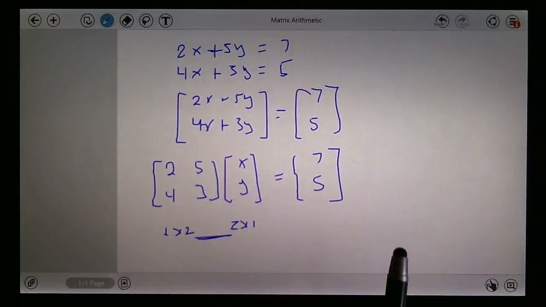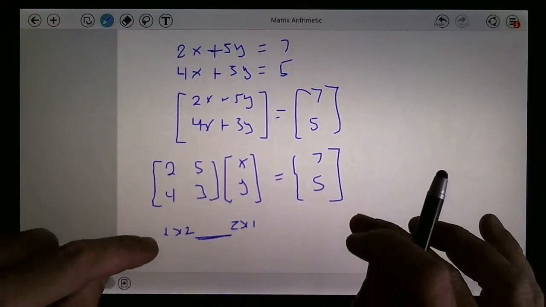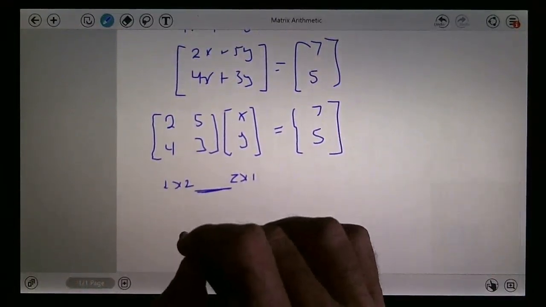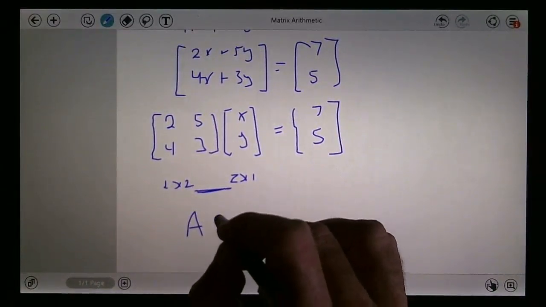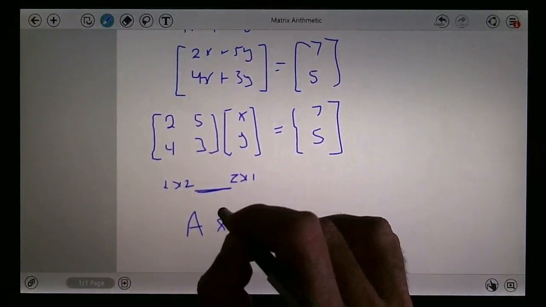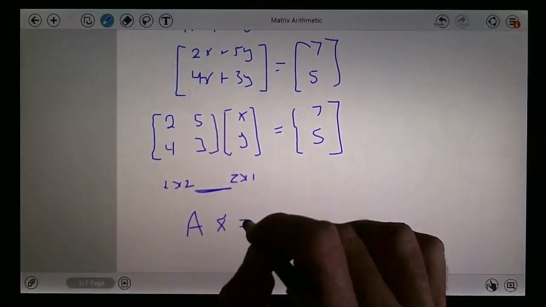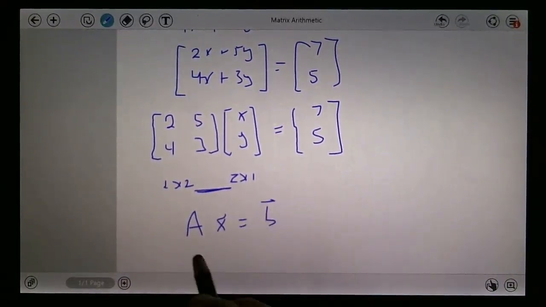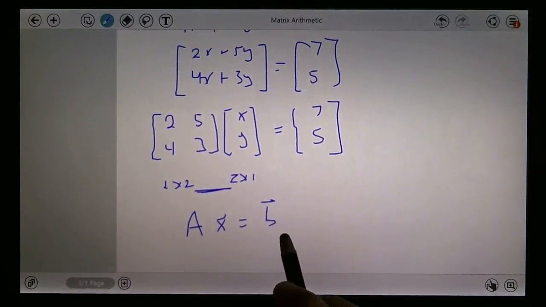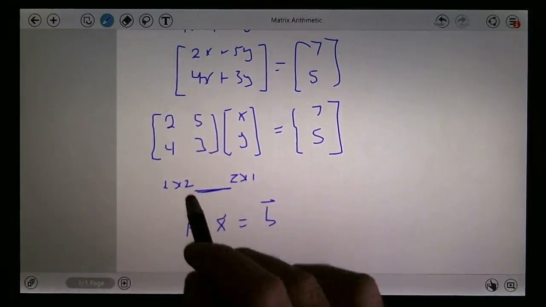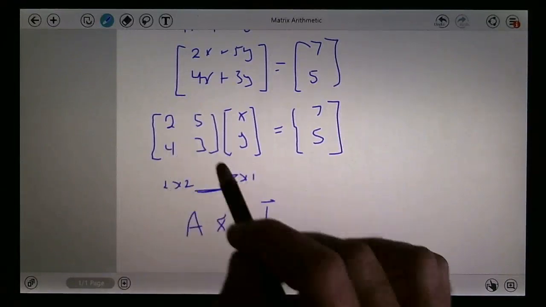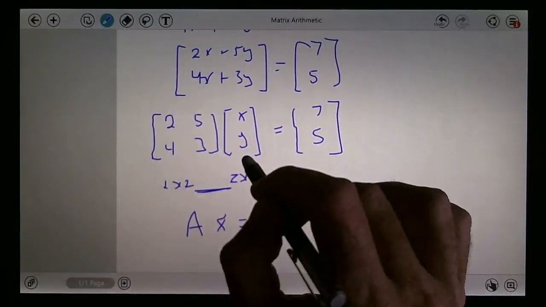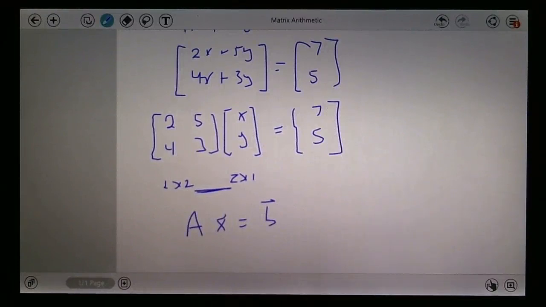So we quite often will write something that looks like this: AX, now the book uses a boldface X, I don't have boldface here, so I'm just going to put a little hat on it, equals B. Here's what looks like a single equation, but it's a matrix equation. A is what's called the coefficient matrix. It's got a bunch of numbers in it. X has got all your variables in it, and B has got all these numbers over here.